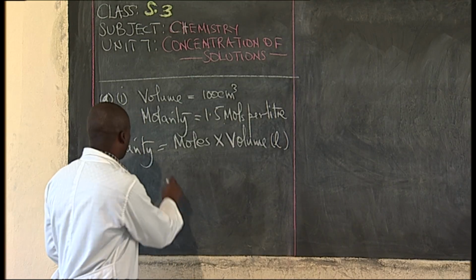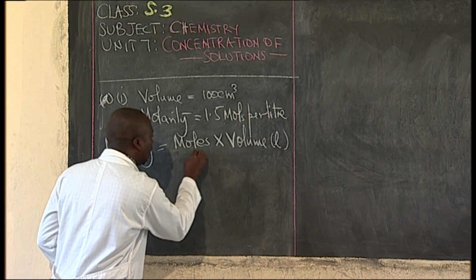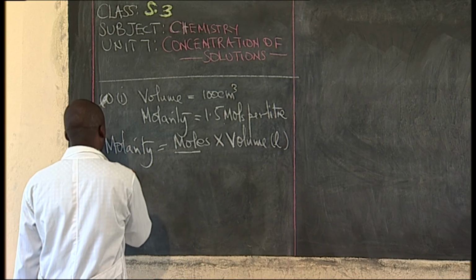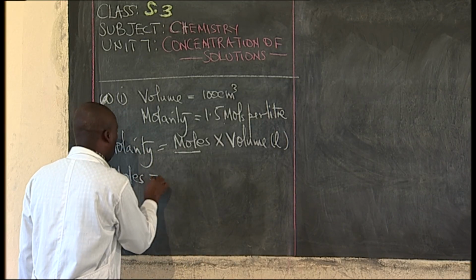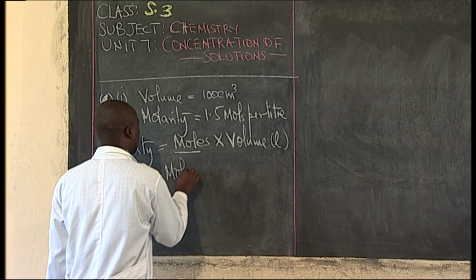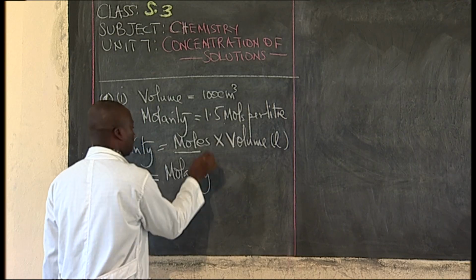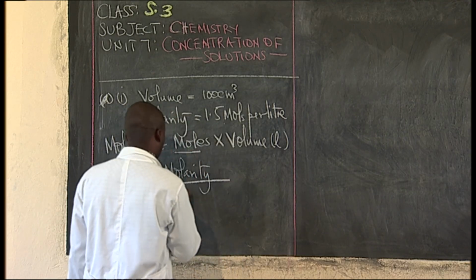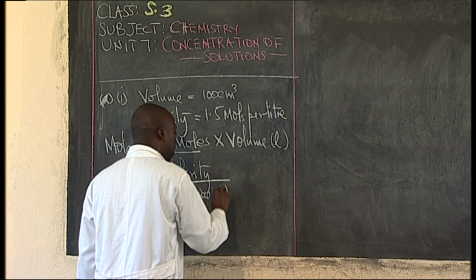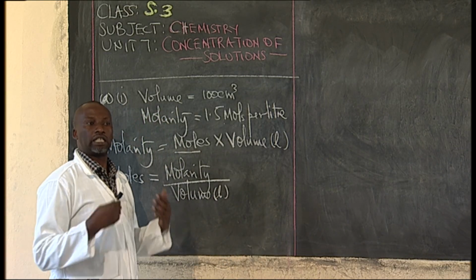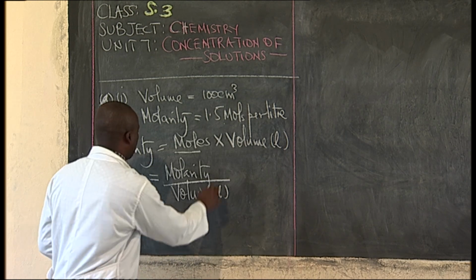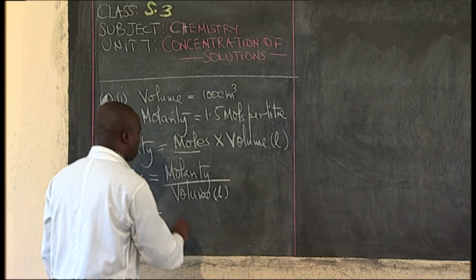So what does this mean? We need the moles now. Now, how do we get the moles? The moles will be equal to molarity times the volume, but you remember the volume must be changed into liters. So what is this now? Just substitute in.